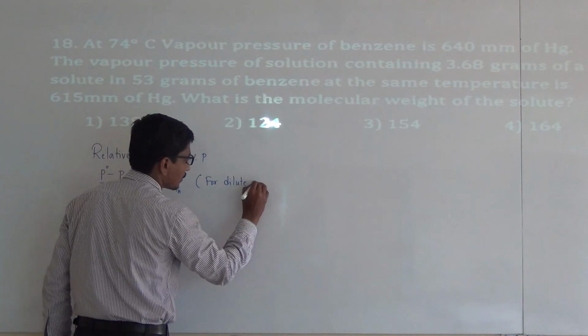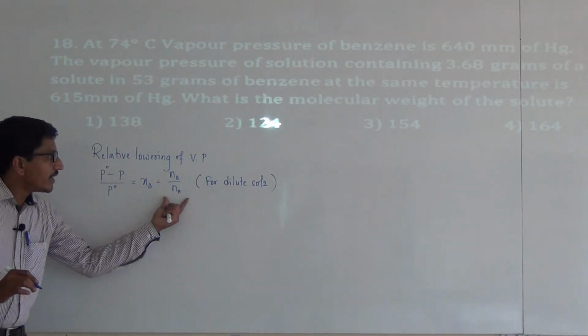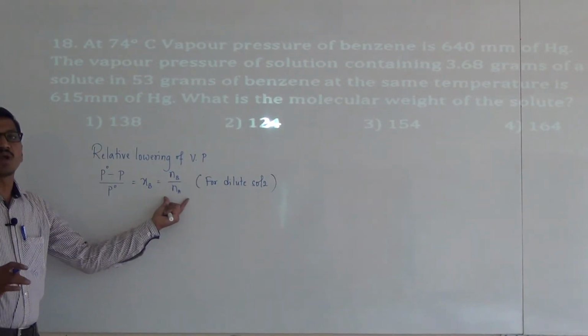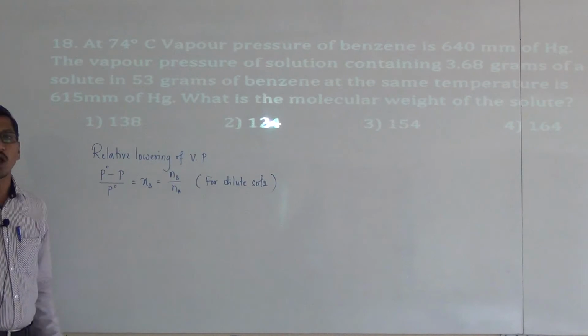For a dilute solution, NB in the denominator is neglected because the number of non-volatile solute particles is negligibly small compared with the number of moles of solvent.